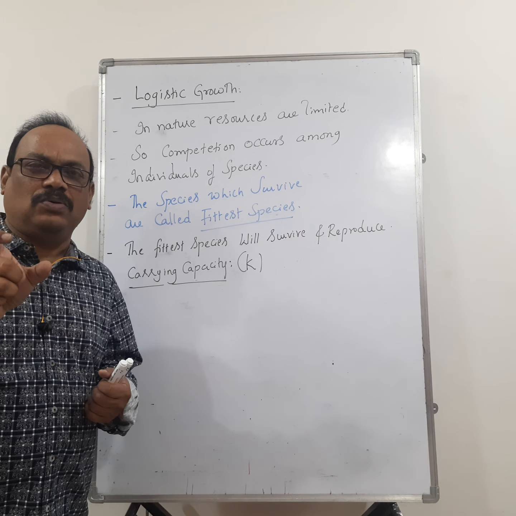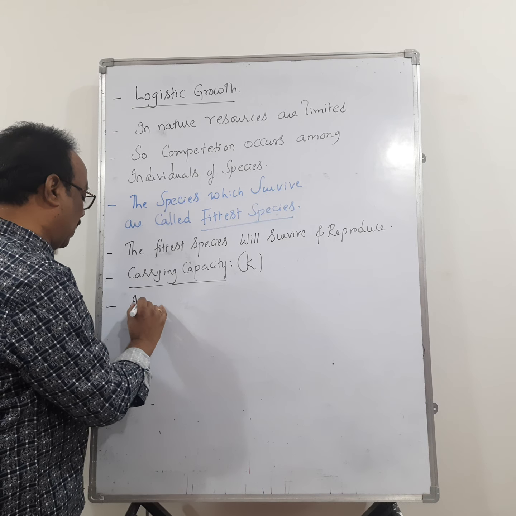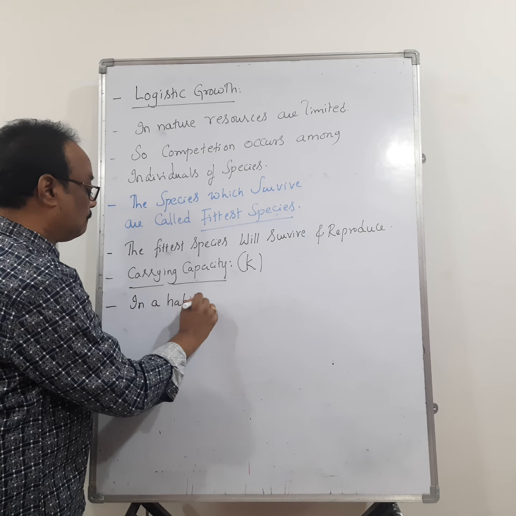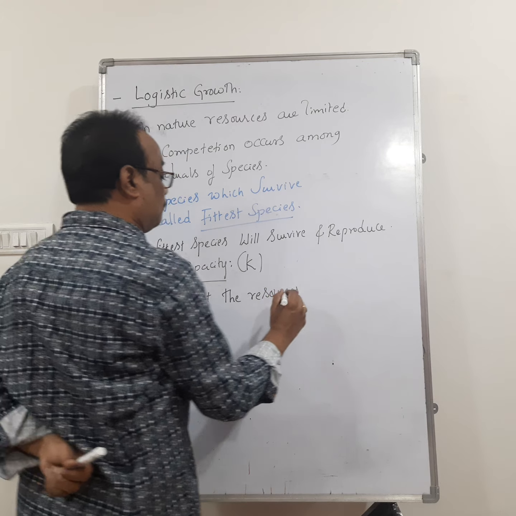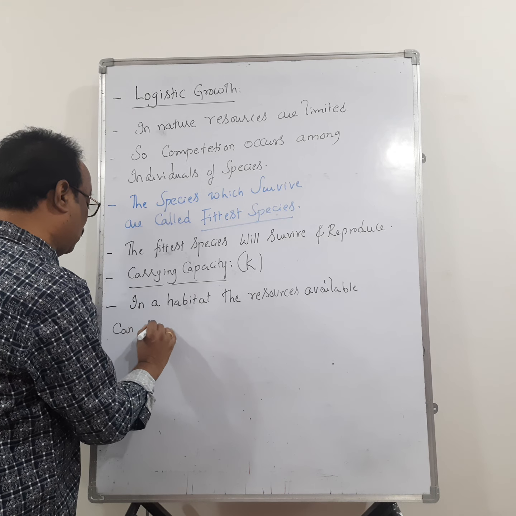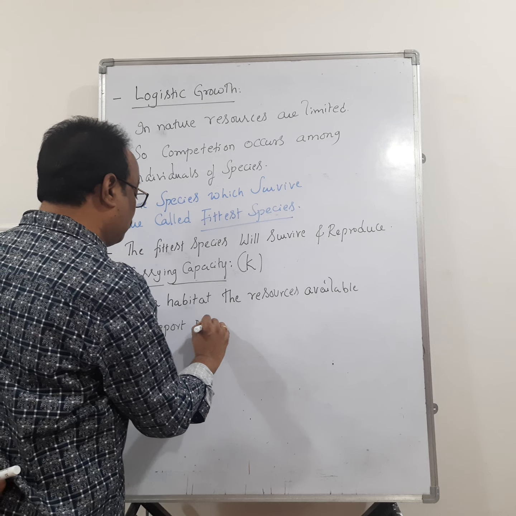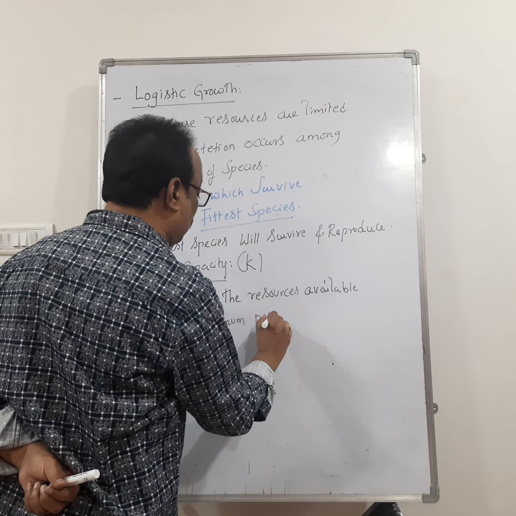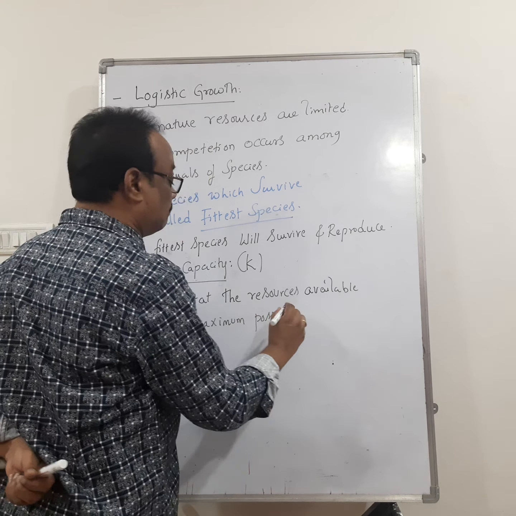Now let us write that statement. In a habitat, the resources available can support a maximum possible number of individuals, beyond which it cannot support.